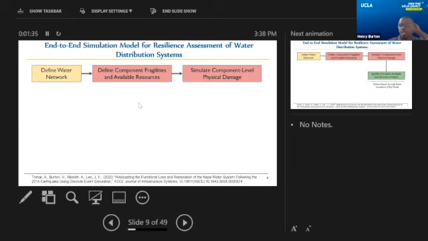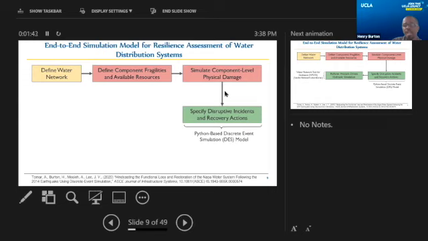And so, given an appropriate type of model, you can simulate the physical damage at the component level, and then you need some mechanism for taking that physical damage and converting it to disruptive incidents. So for example, if we're talking about a water distribution system, what does it mean for a pipe to be leaking or broken?